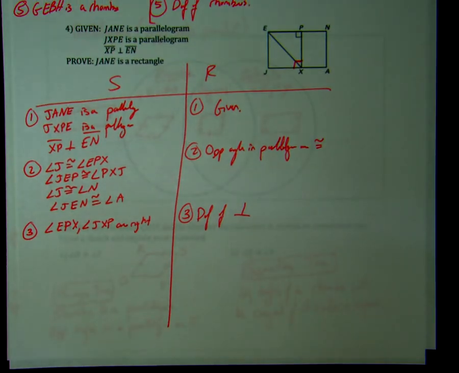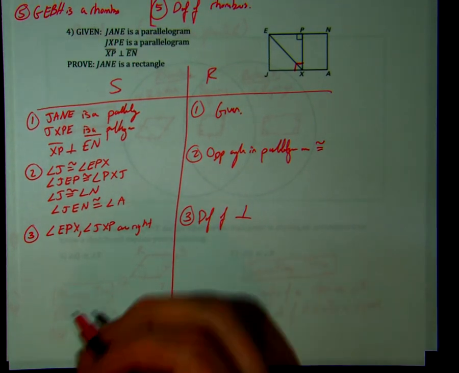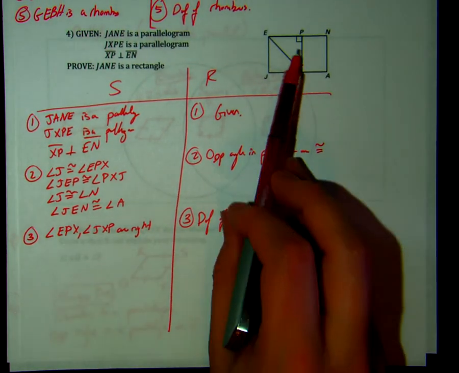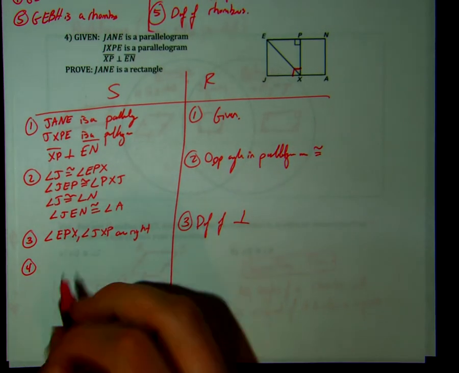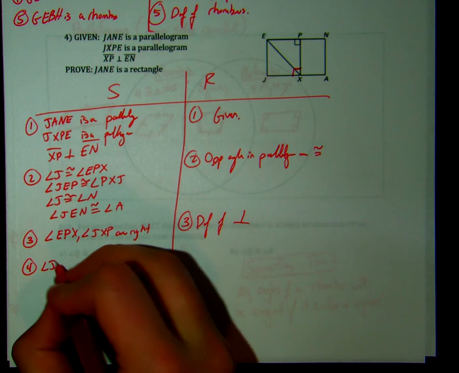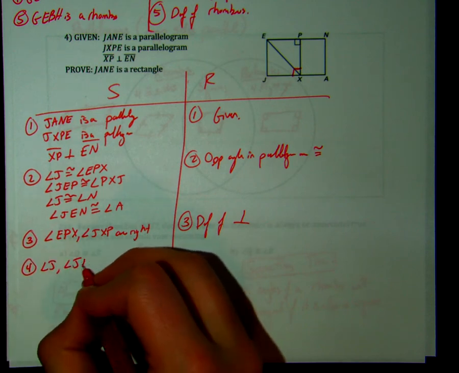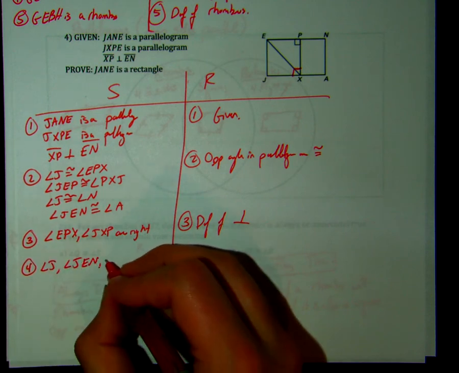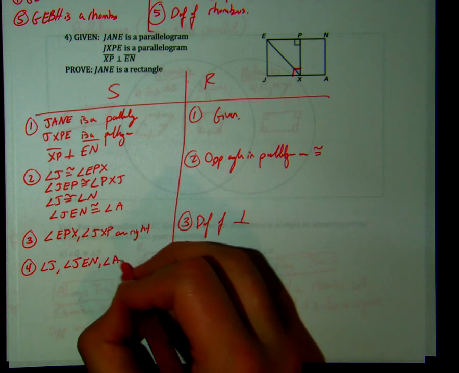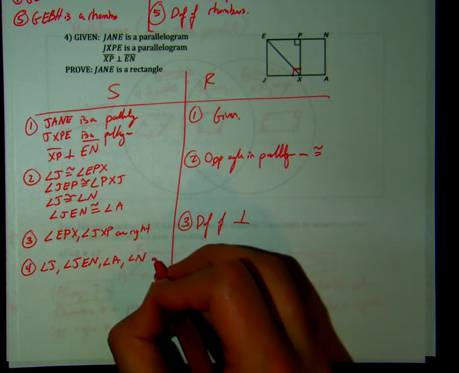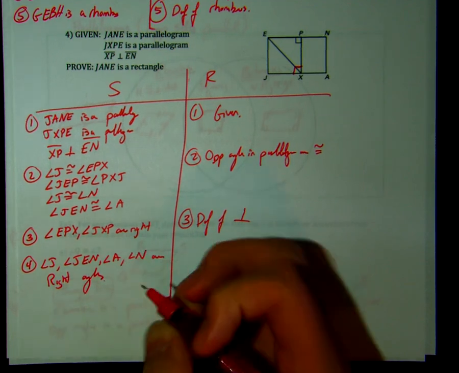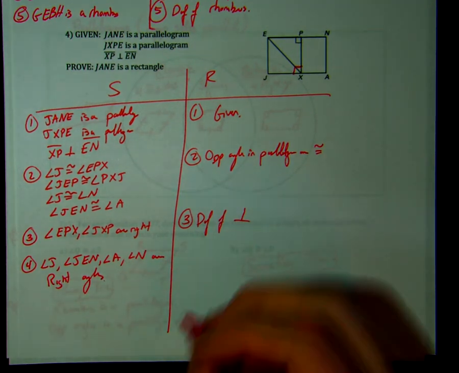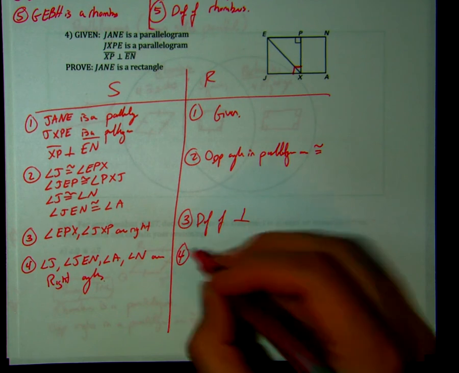And now I'm going to throw together the transitive property with the idea of them being right angles. So it's a little bit of a shortcut here. So angle J, angle JEN, angle A, angle N are right angles. So this is me trying to cheat my way through an extra line here.